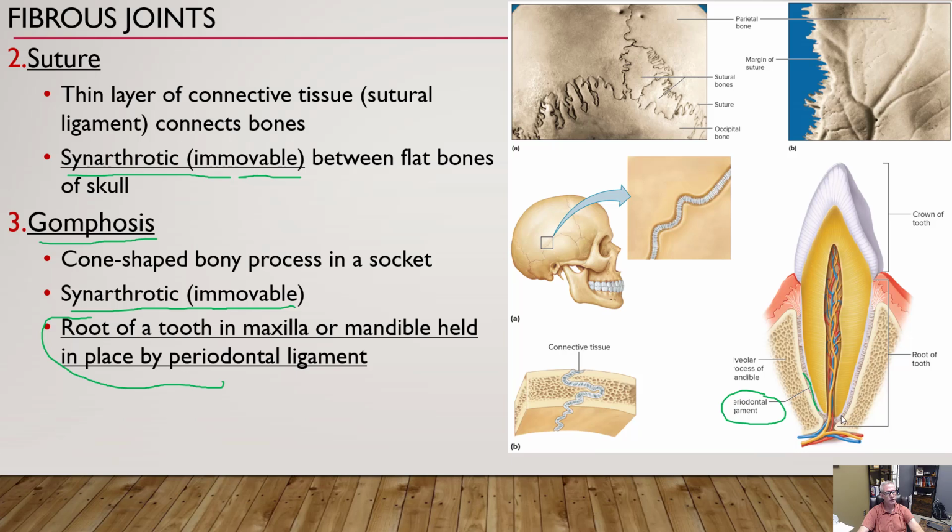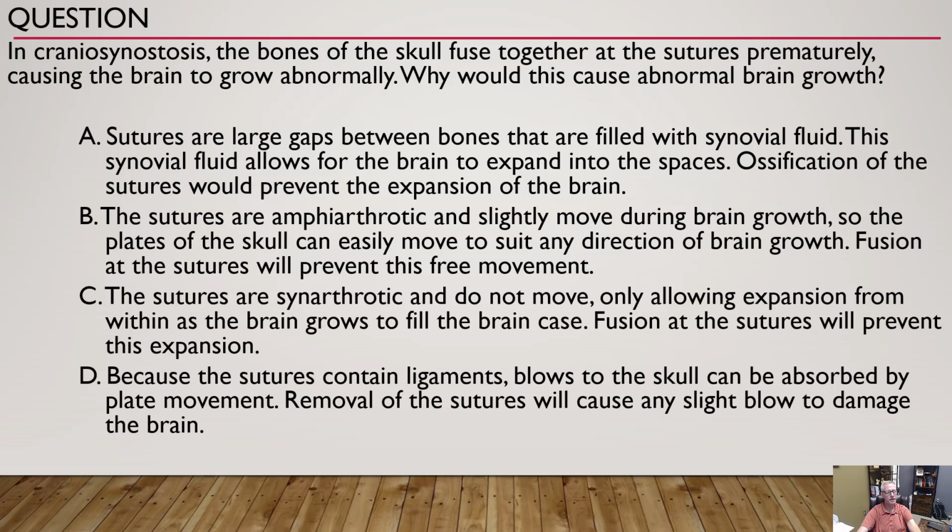So your teeth are really immovable. However, they can be moved, by braces or Invisalign, something like that. So suture joints, connective tissue. You can see the connective tissue there.